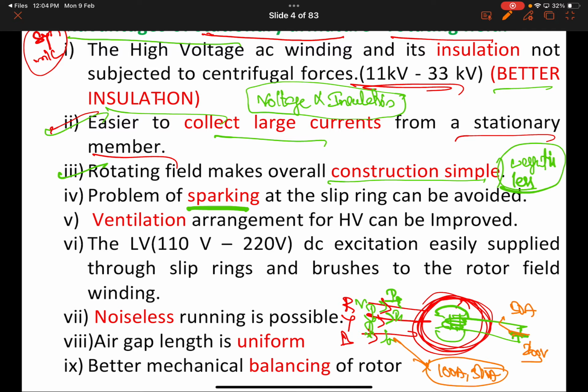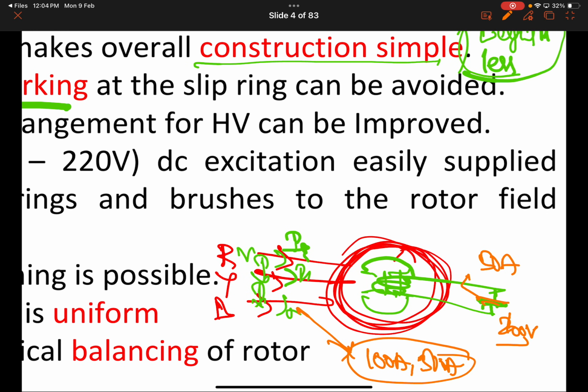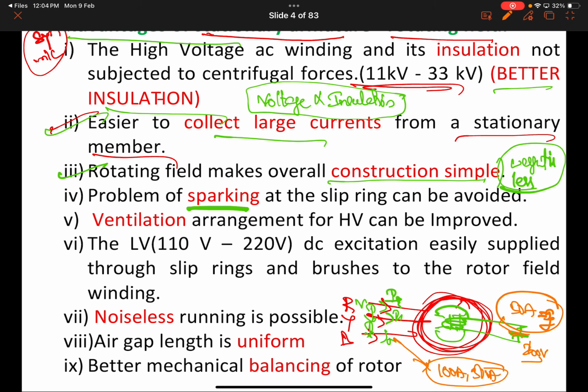The stator current is always more compared to the field current. So which is easy: keeping high current at the stationary part, or low current at the stationary part? For the rotating part, it's always preferable to keep lower values of current. That's why I am keeping this IF at the rotating side, so the problem of sparking will also be avoided.